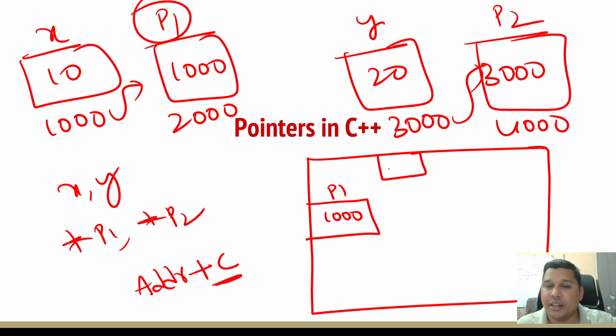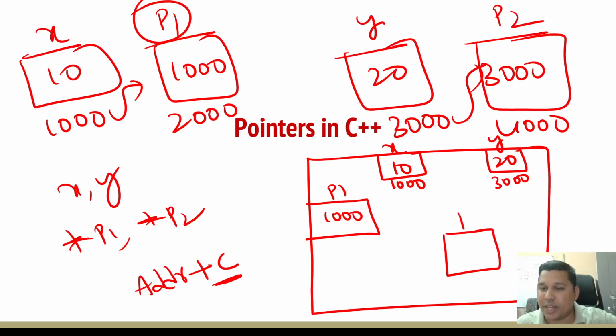This location is 1000 actually, and its name is X. It contains 10. Y is somewhere here with value 20, address 3000. And assume somewhere here p2 is declared. It contains 3000, and this location's address is 4000.